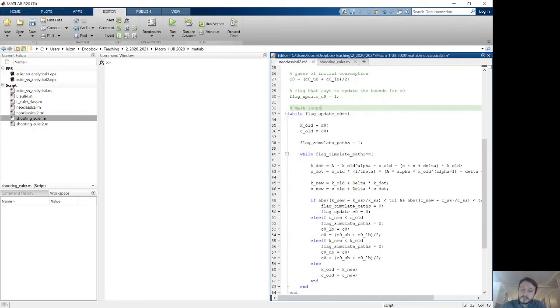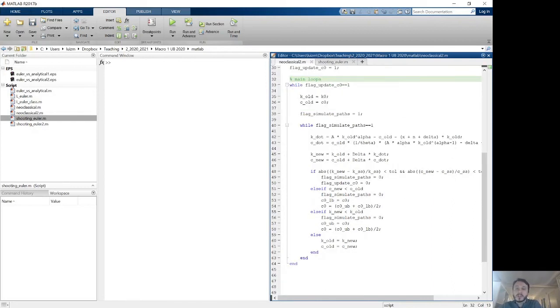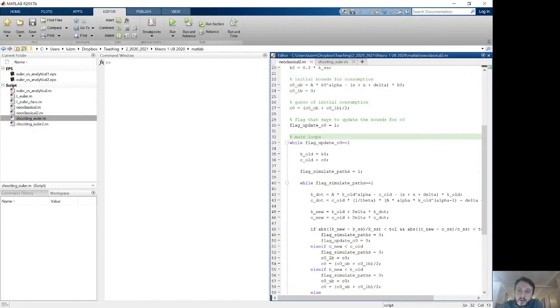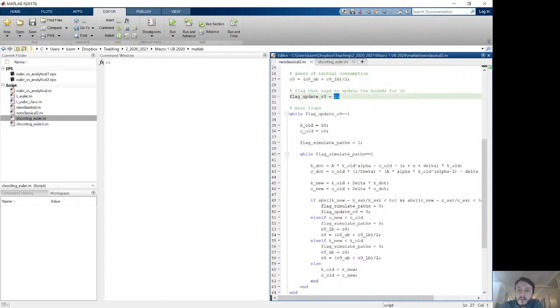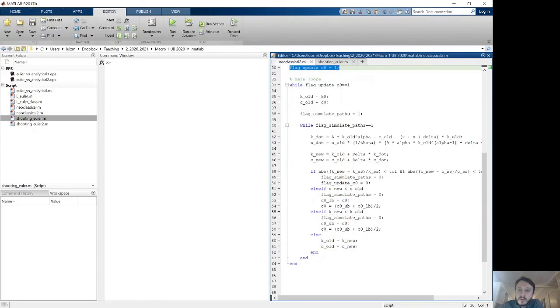So MATLAB will calculate the steady state capital, steady state consumption, initial capital, and the initial bounds for consumption. Then MATLAB makes the initial guess for initial consumption, and then we turn on the flag for MATLAB to update the bounds for the interval of consumption.